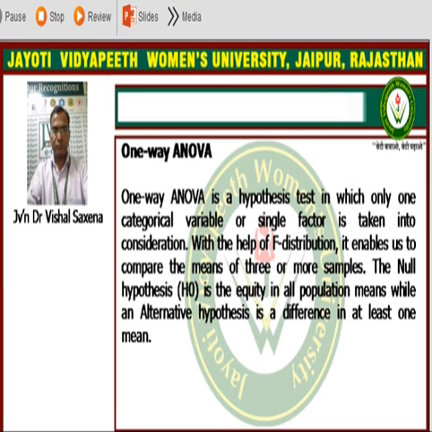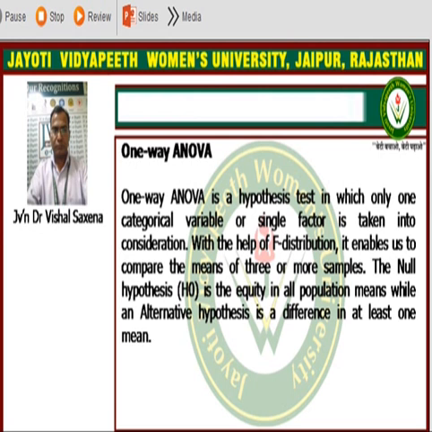One-way ANOVA is a hypothesis test in which only one categorical variable, or a single factor, is taken into consideration, while in two-way ANOVA, two categorical variables, that means two factors, are taken, and the effects of the two variables are seen on the dependent variable.